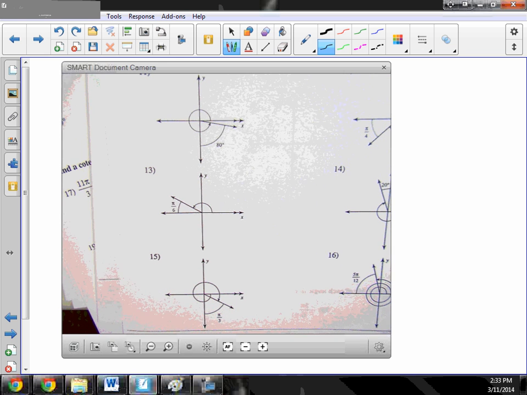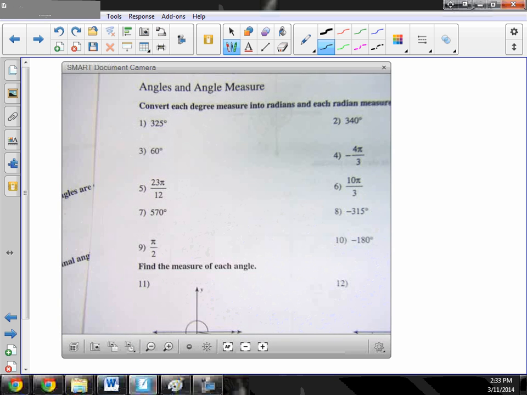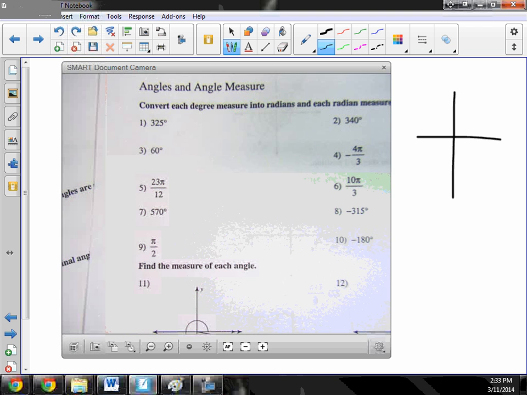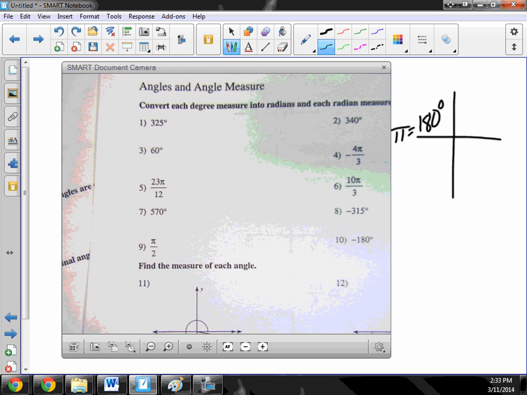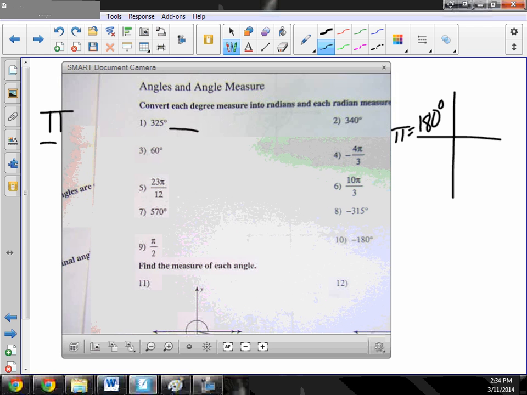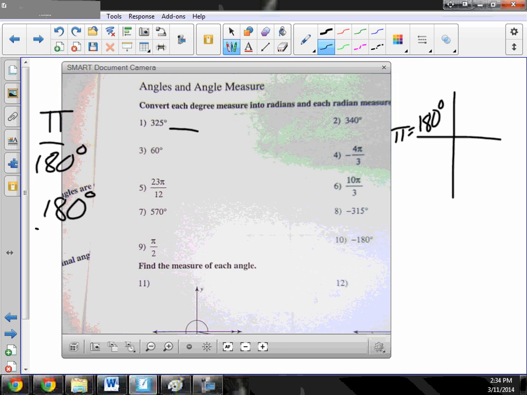So, converting from degrees to radians. So we know that on the left side we have pi, which is equal to 180 degrees. So those are the numbers we're going to use as our conversion factor. So if I have 325 degrees, I'm going to times it either by pi over 180 or 180 over pi.